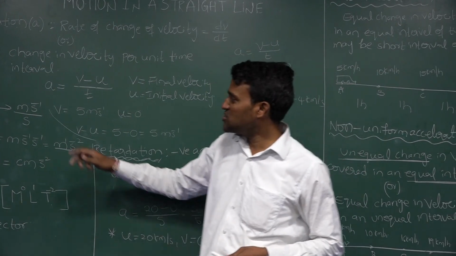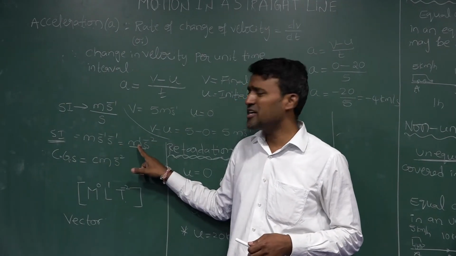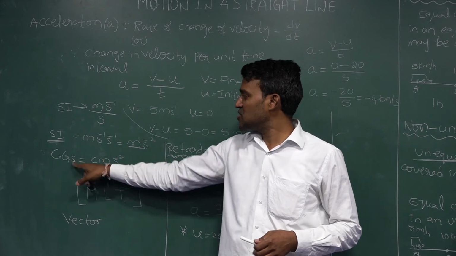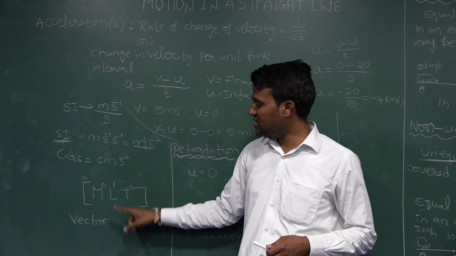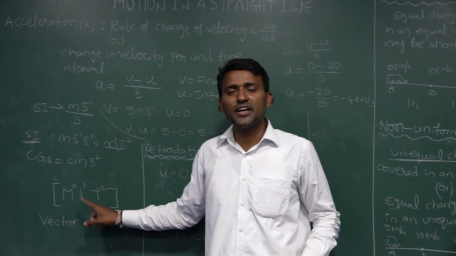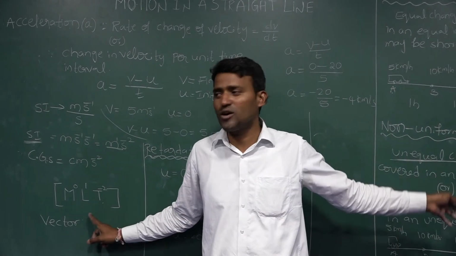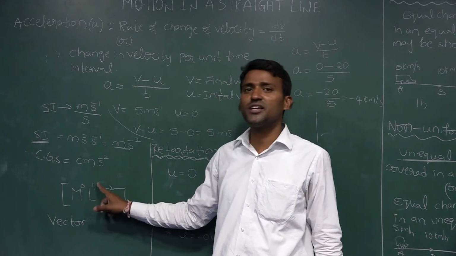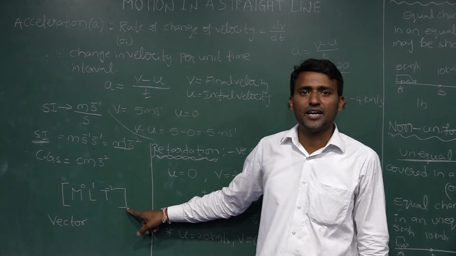The units are meter per second square, and CGS units are centimeter per second square. All are vector quantities, and the dimensional formula is 0 in mass, 1 in length, and minus 2 in time.